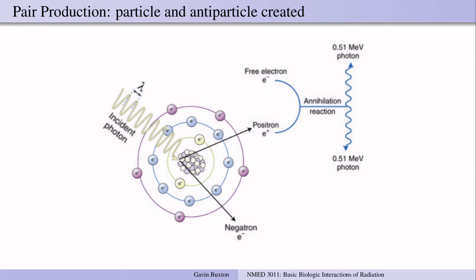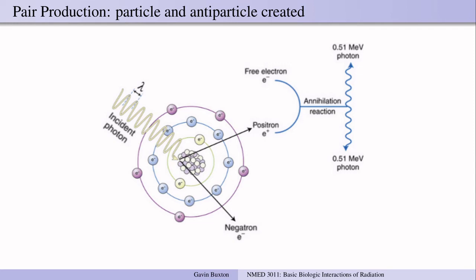To create this matter from basically thin air, the incoming photon has to have enough energy to do that. This is E equals mc squared. The energy is 1.022 mega electron volts. To put this into perspective, medical X-rays are around 150 kilo electron volts, so much, much smaller than this.